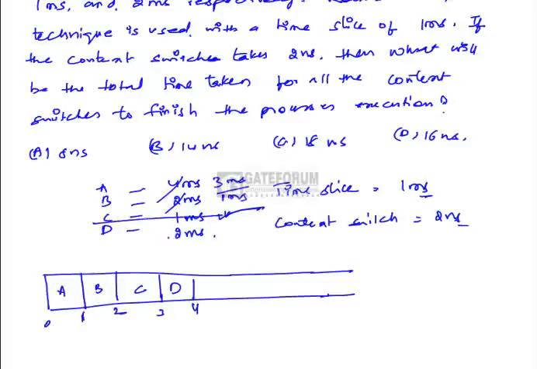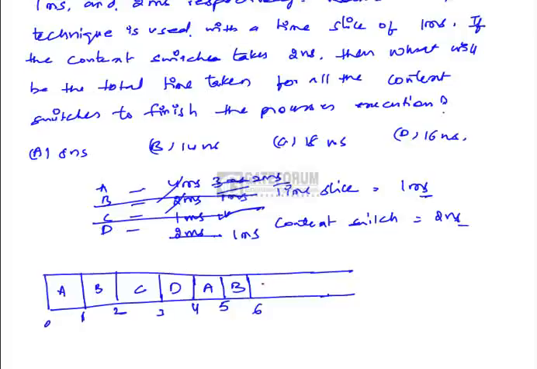Here C is over, and the remaining burst time for D would be 1 millisecond. Now again A will be allocated. So here A up to 5, and it will be 2 milliseconds. And after that B will be allocated. It will continue up to 6, and process B will be finished.